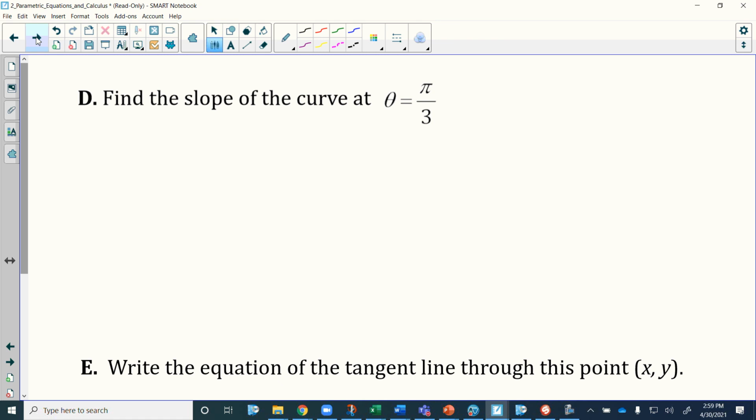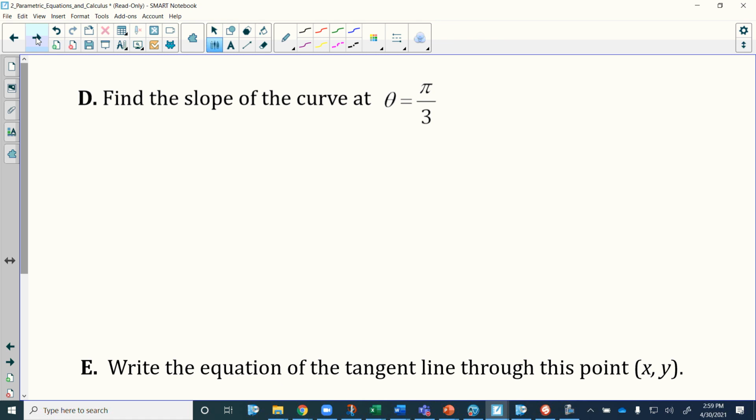Find the slope of the curve at theta is equal to pi over 3. Okay. So the slope of the curve is essentially asking us to find the derivative of the curve at that point, when in this case, instead of saying x is equal to something, we're saying theta is equal to something.